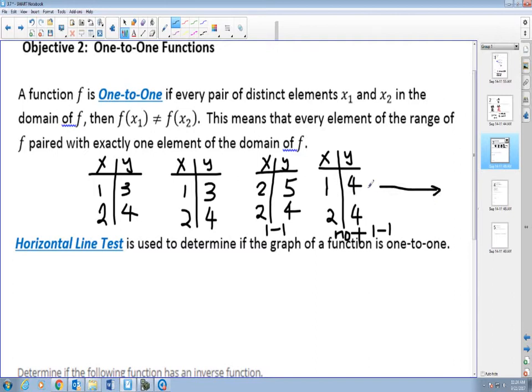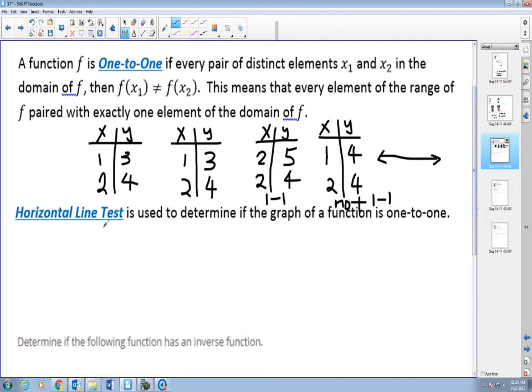So we use a horizontal line to test whether my graph is a one-to-one function or not. A vertical line is used to determine whether a function is a function or not. A horizontal line tests whether the function is one-to-one or not.